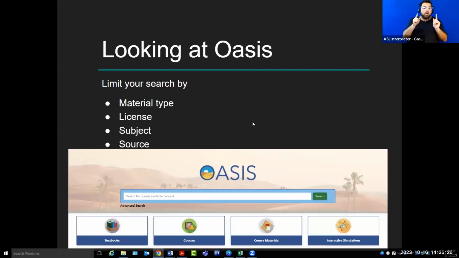But you can search down here by textbook, by courses, by course materials, simulations, and you can do an advanced search and limit your search, and you can check that out, see if there's anything for your discipline.